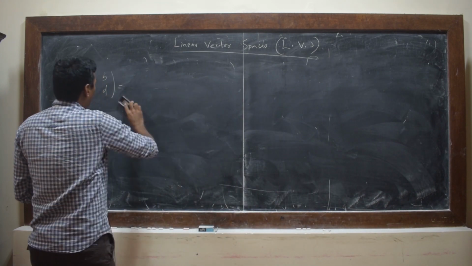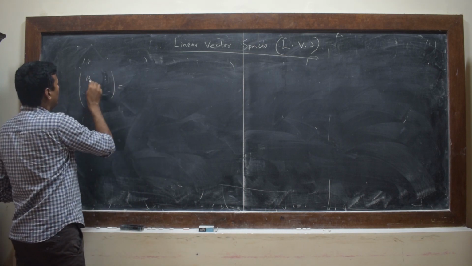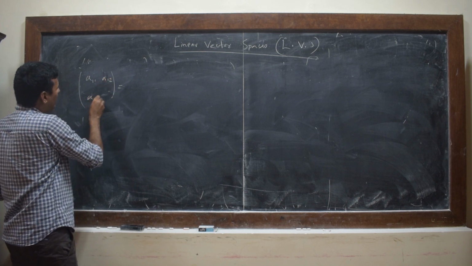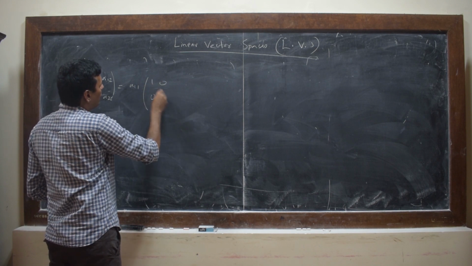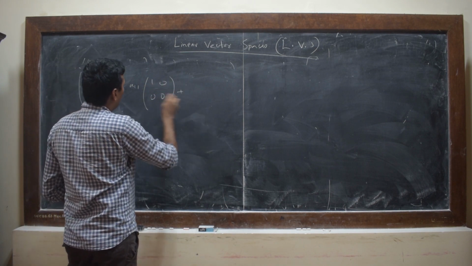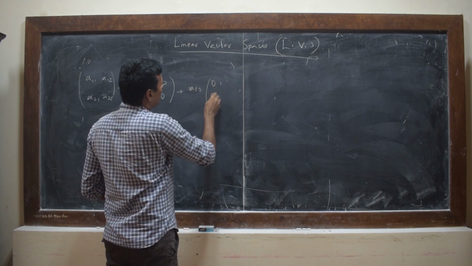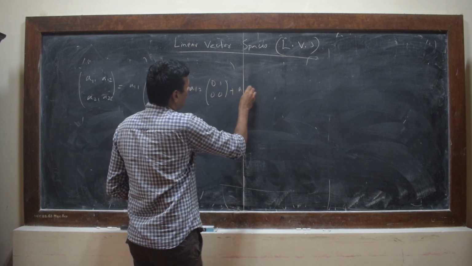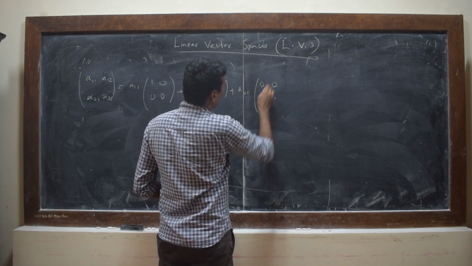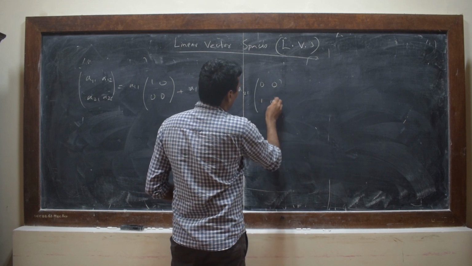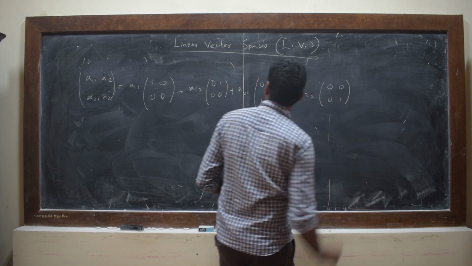So, given a matrix like this, I told you that you can expand. I will just write A11, A12, A21, A22 as A11 times [1 0; 0 0] plus A12 times [0 1; 0 0] plus A21 times [0 0; 1 0] plus A22 times [0 0; 0 1]. Okay.